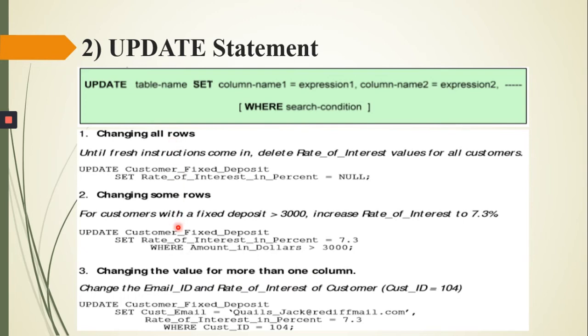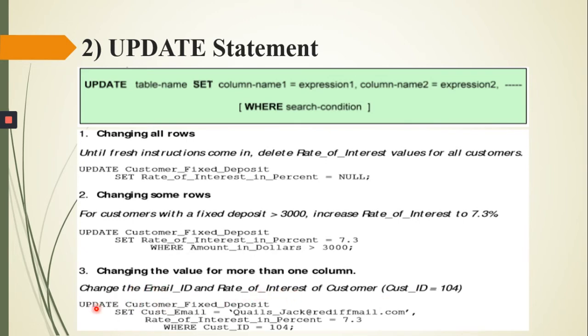Now, changing the value for more than one column. Here we were talking about rows. Now we are talking about columns. So, changing the email ID and the rate of interest of customer ID 104. We have to change the data of customer ID 104, but we are changing two columns, that is email ID and rate of interest.